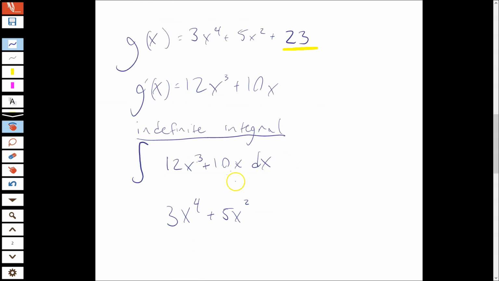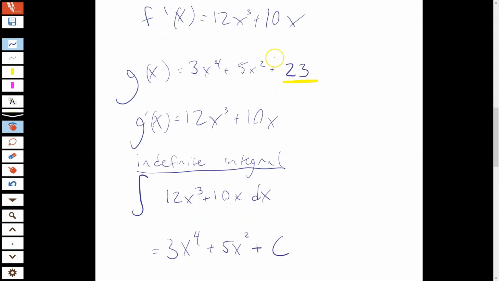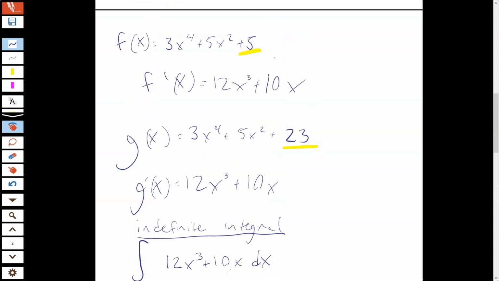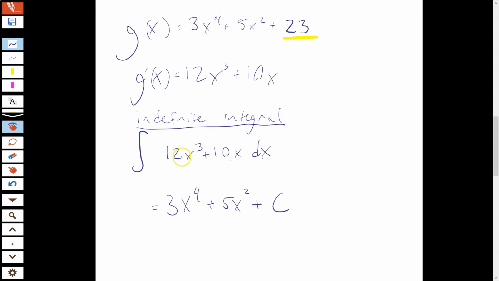So for an indefinite integral, when I don't have any bounds and I just want to know what function this might be a derivative of, I'm going to say plus a constant, plus c. So that's how I represent this indefinite integral. So my constant c could be 23, and that would give me g. Or c could be 5, and that would give me f. But I don't know if I'm just given this integral.